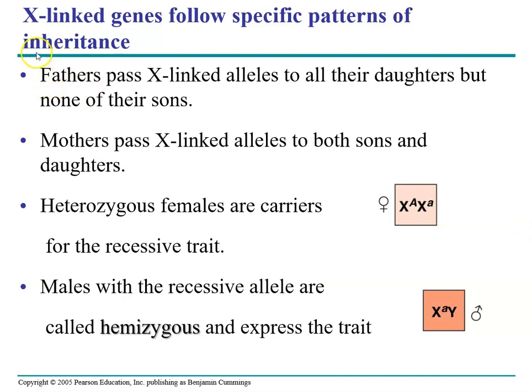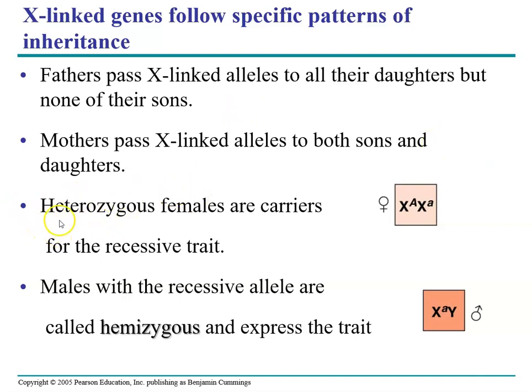So just in general, X-linked alleles are passed from, if it's the father that has the X-linked recessive trait, he's going to pass it to all of his daughters, but none of his sons. You'll see why again through the Punnett squares. Whereas a mother is going to pass her X-linked alleles to both her sons and daughters, since she has two X chromosomes.